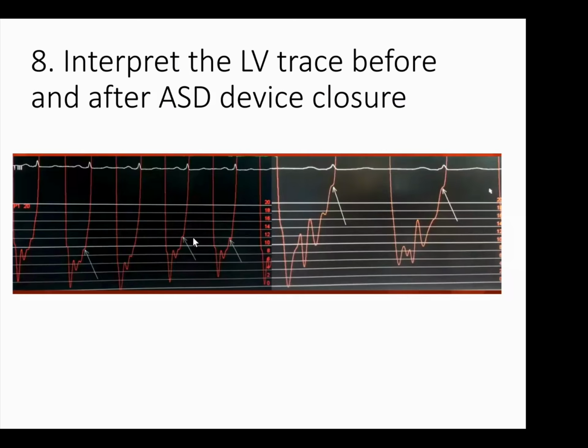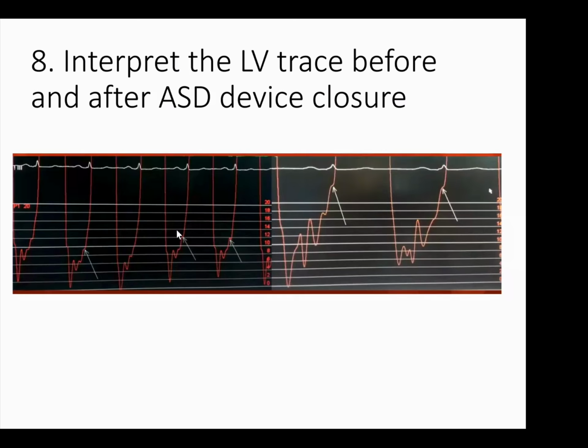In a normal patient, when you have not closed the ASD, this LVEDP is transmitted to LA pressure. LVEDP is equal to the LA mean. LA mean is being transmitted to the RA mean because there is a large ASD.